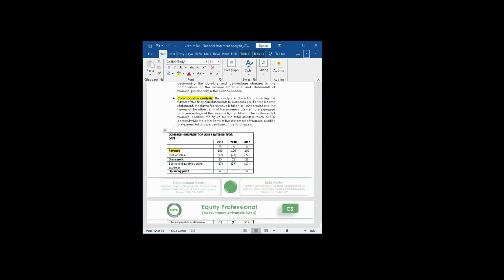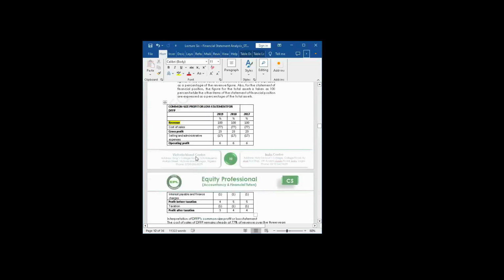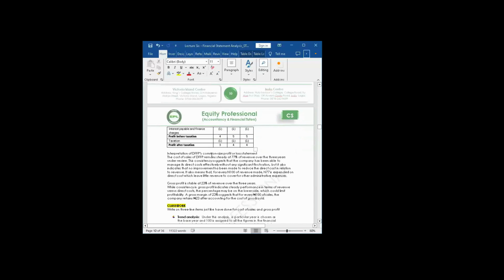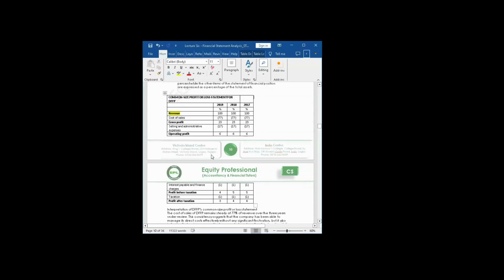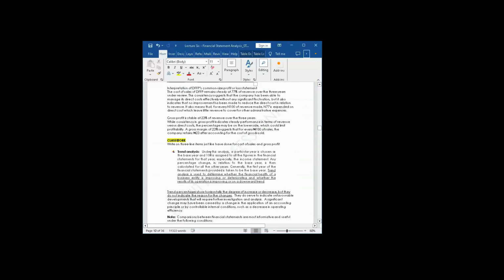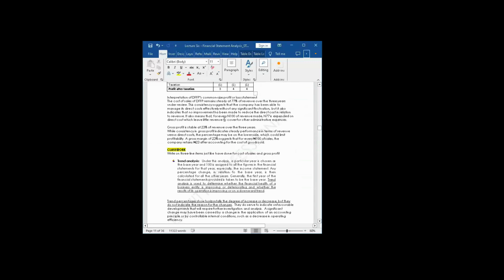Right. So we discussed the common size of the profit or loss statement for DFFP, and I gave you a classwork to write on three line items, just like I've done here. Gross profit is here, and cost of sales.